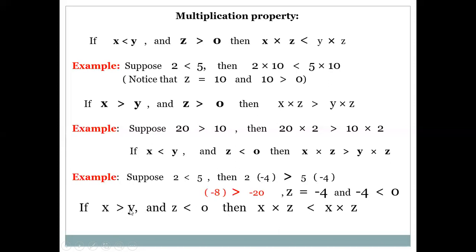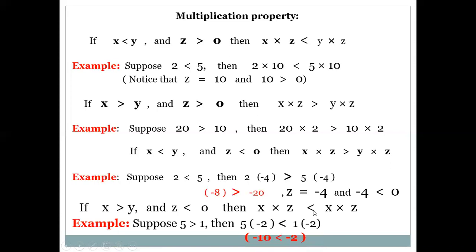Suppose x is greater than y and z is less than 0, z is a negative number, then x multiplied by z is less than y into z. After multiplication, the sign of inequality greater than is changed into less than.